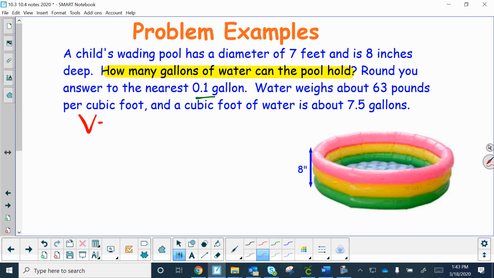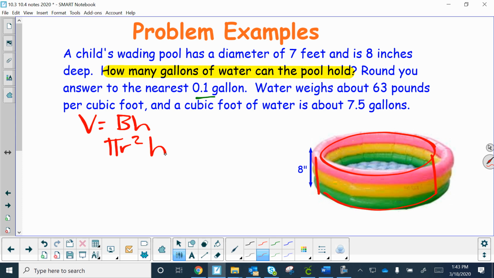So remember, volume is capital B times H because this is like a cylinder. Okay, see there's your circle, there's your height, and then there's the circle on the bottom. So this is a cylinder, so it's capital B times H. This is from the section from before. Pi r squared is always going to be my base for the cylinder.